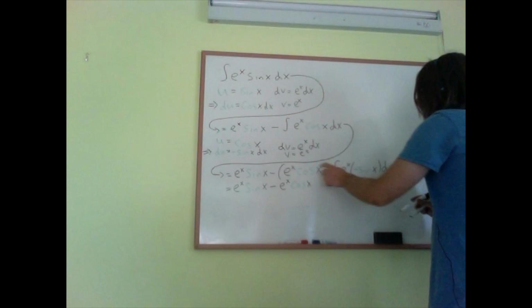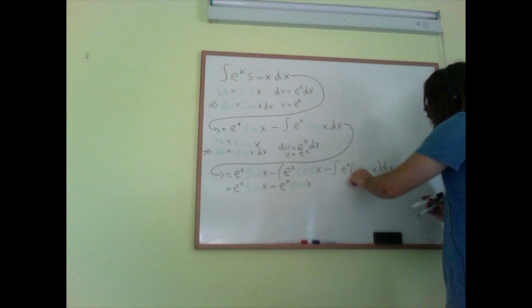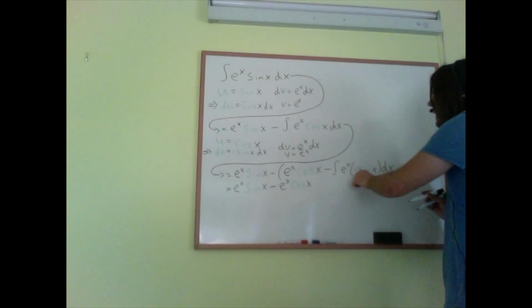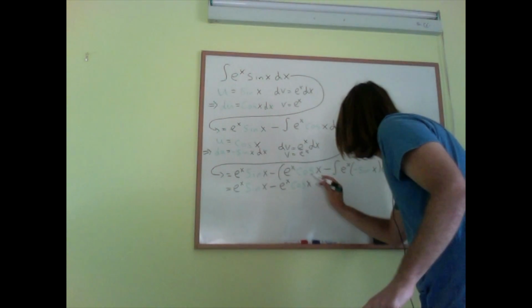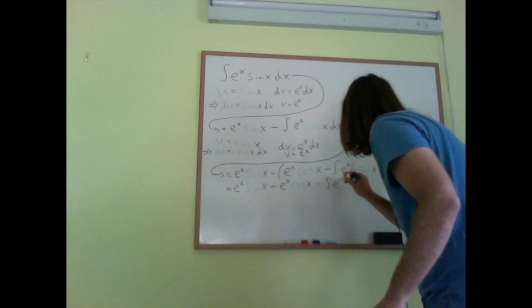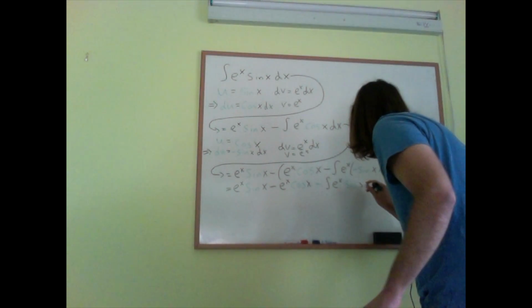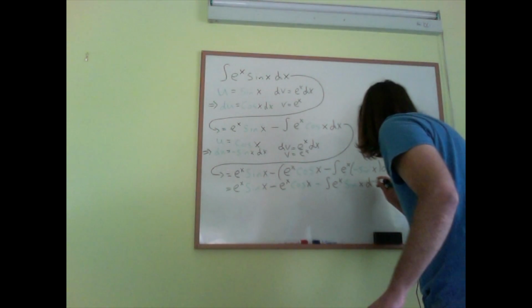Now here we actually have a triple negative. Negative here, there, and here. So net that is going to be a negative, so it's going to be minus the integral of e to the x sine x dx.